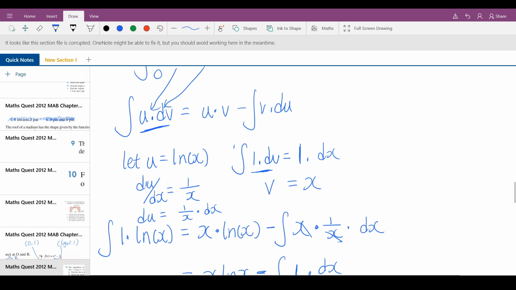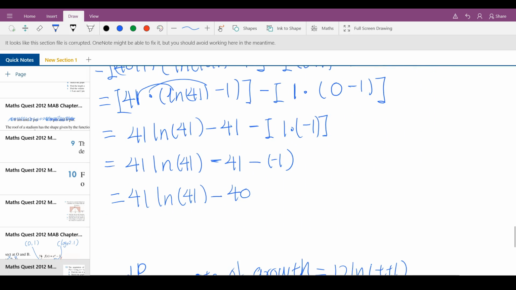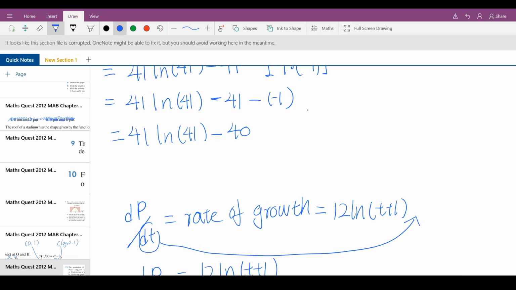But I suppose I can still times 12 right at the end. Alright, so 41 times 12 is 492 ln 41 minus 40 times 12, that's 480.